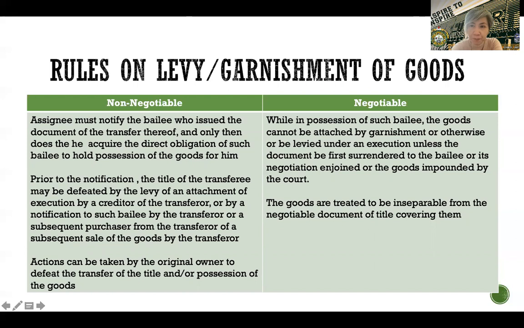That's the only time the bailee will be compelled to release the goods: surrender of the document of title, the injunction against further negotiation of the document of title, or the court impounding the goods. So the goods here are treated as inseparable from the negotiable document of title covering them.